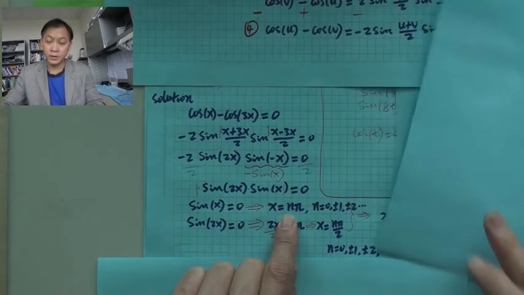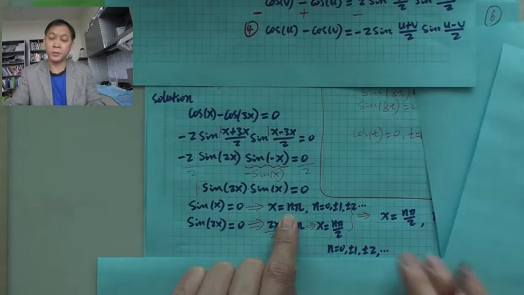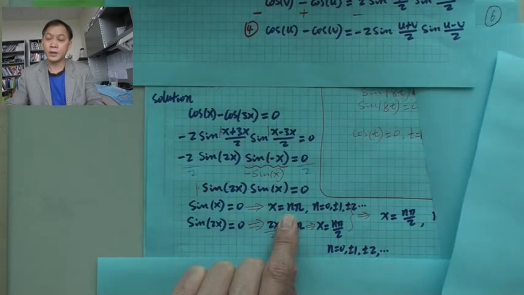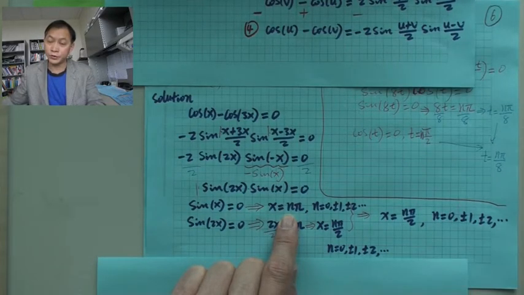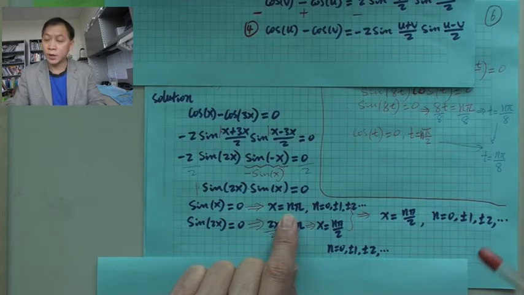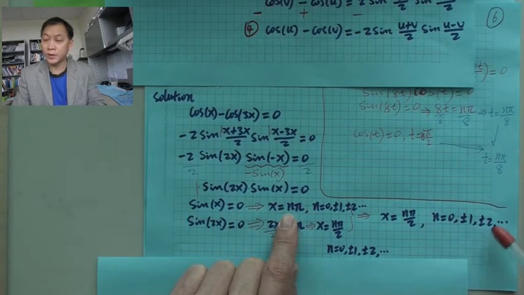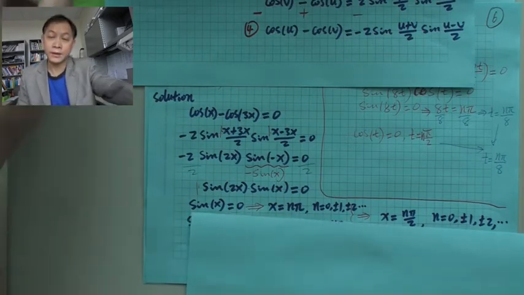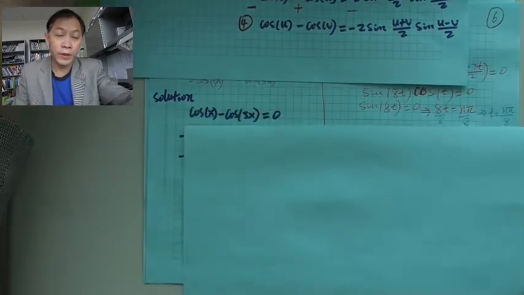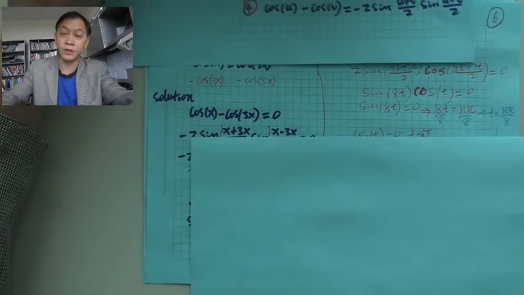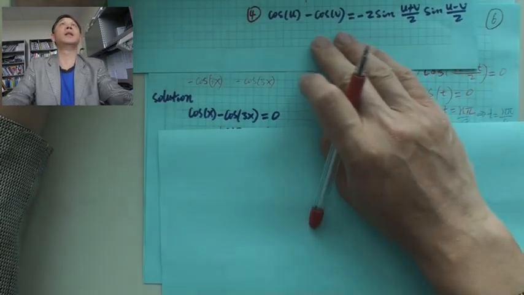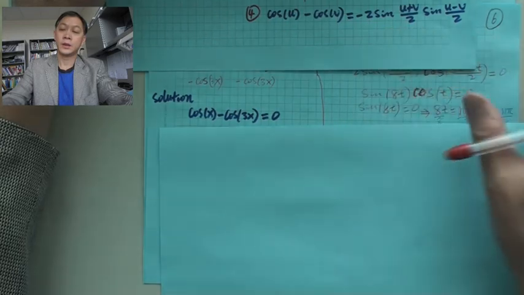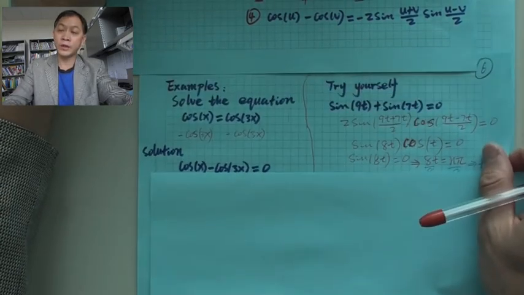Then you write x equals n pi over 2, where n can be any value: 0, positive or negative 1, positive or negative 2. So we actually solved the equation by using formula 4. Now you may try this one yourself.